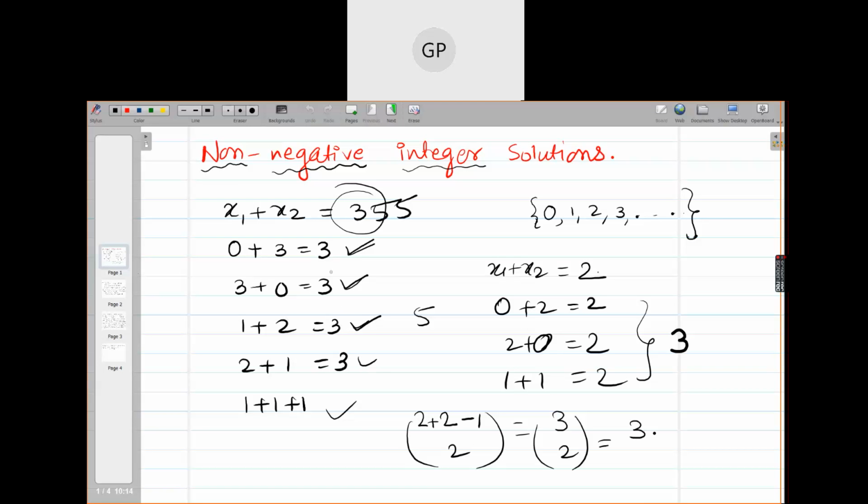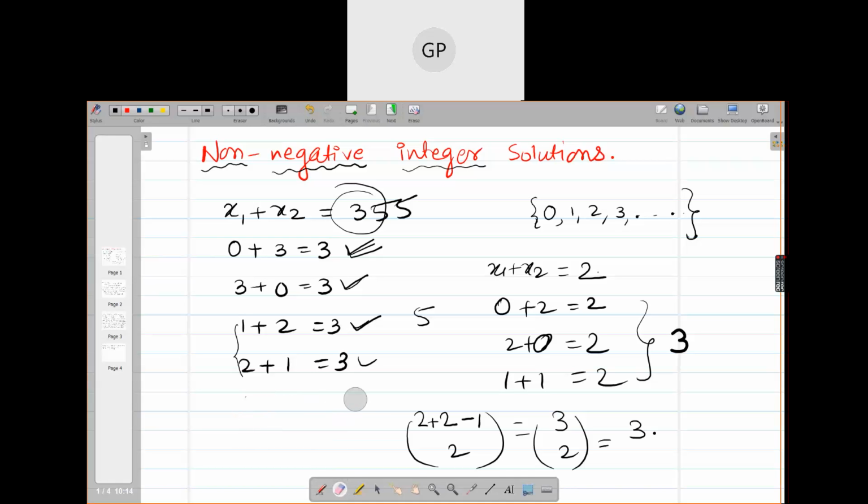So this one, plus 2, 1 plus 1 plus 1. How is it not matching? Ma'am, the last one, 1 plus 1 plus 1, will not be there, as there are only 2 integers.